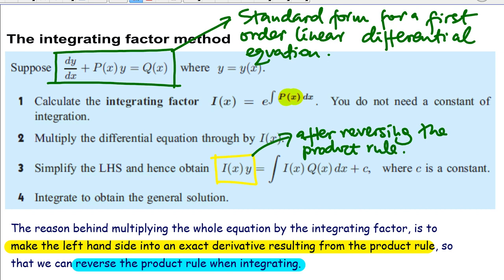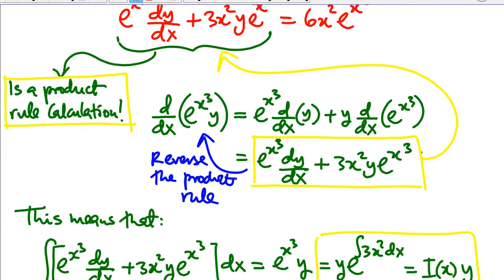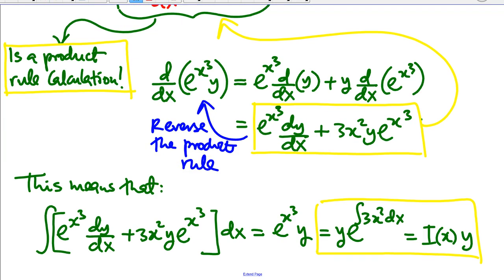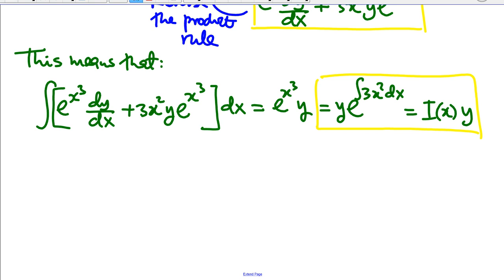After reversing the product rule, you end up with that. So anyway, let's carry on with our solution now that I hope you have an idea of what's going on. I'll move on to where we were. So we were on this step.